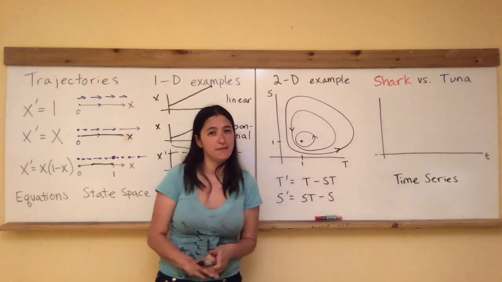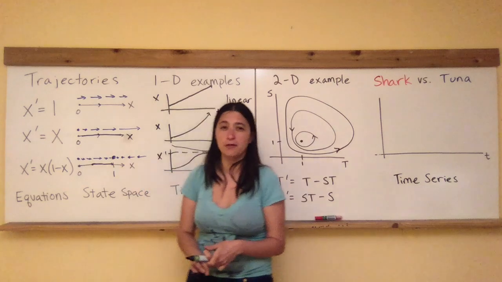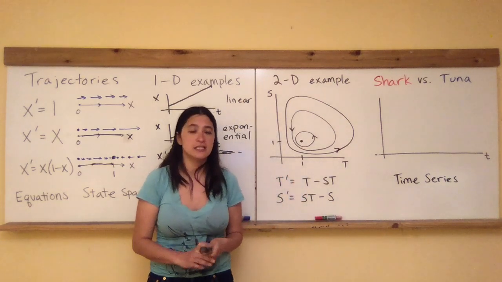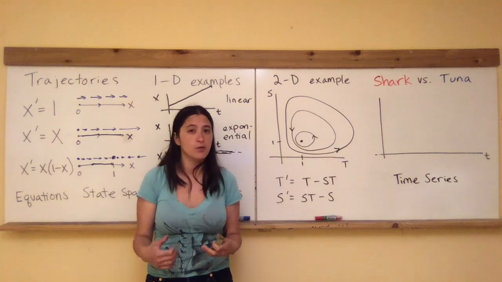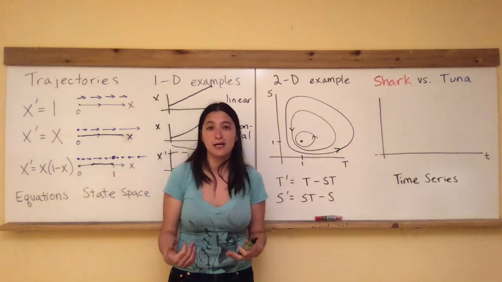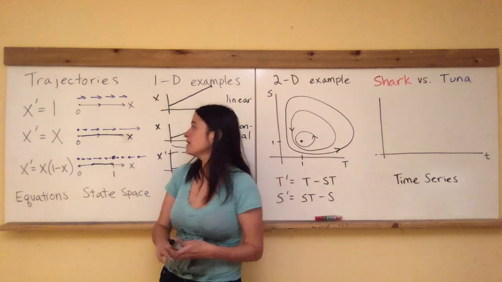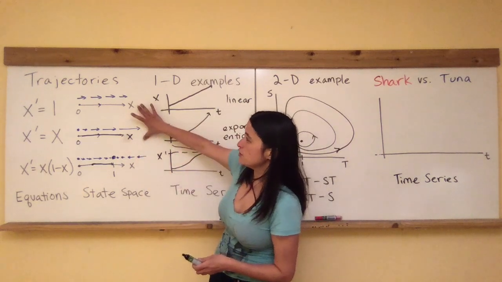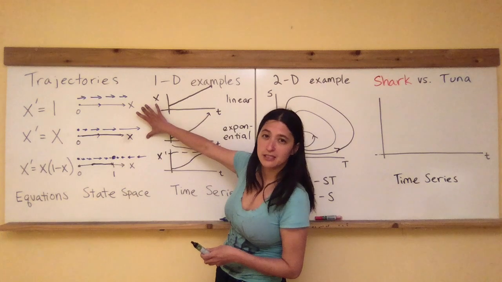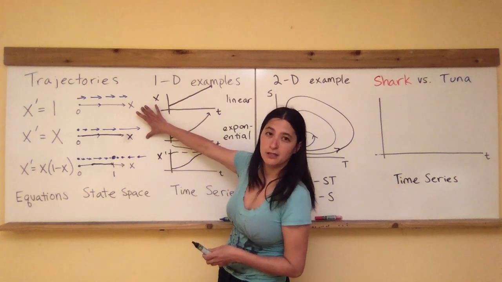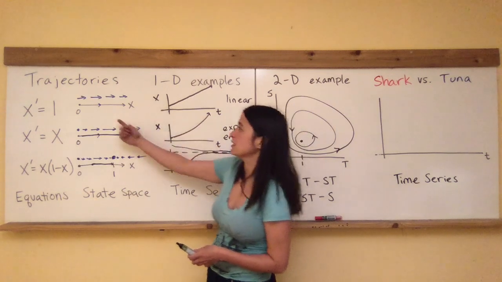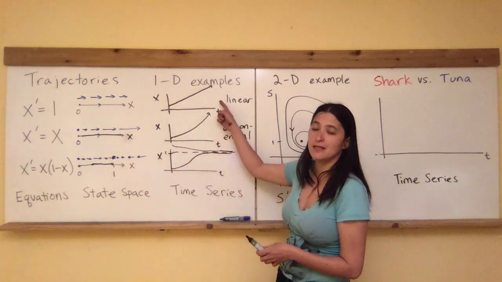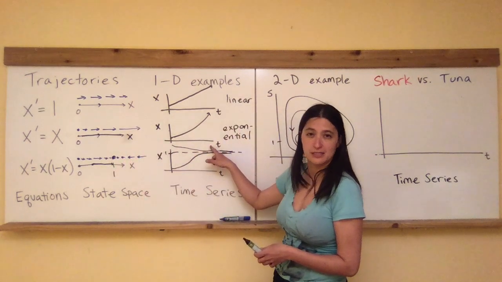This is pretty difficult, but it is doable, and I recommend using the online link there where you're going to see that there's a tab down below where you can also see the time series. That's really convenient. So here, remember that trajectories in two different state spaces can kind of look similar. Like for these two examples, they both just look like an arrow pointing to the right. But it doesn't mean that their time dynamics is going to be the same.